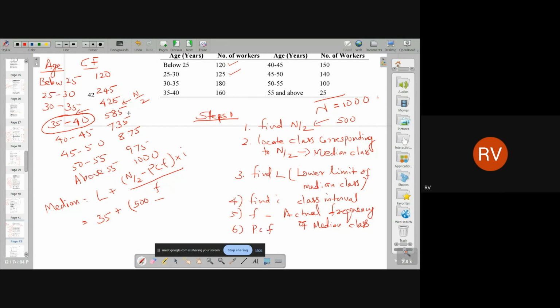Preceding cumulative frequency is the cumulative frequency just before n by 2. Cumulative frequency just before n by 2 is 425. Into i, the class interval, is 5, divided by f. F is the actual frequency of the median class, 35 to 40. Actual frequency is 160.